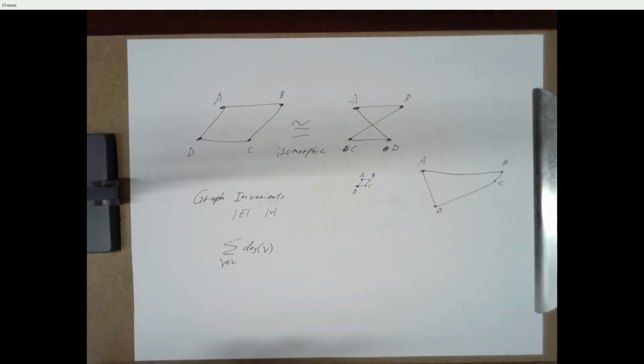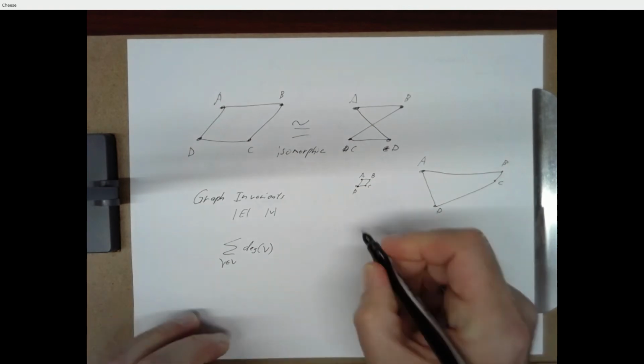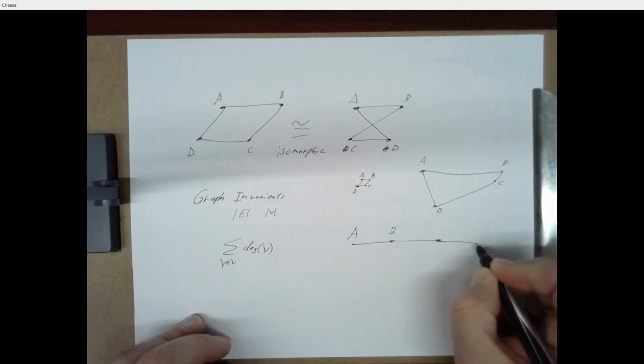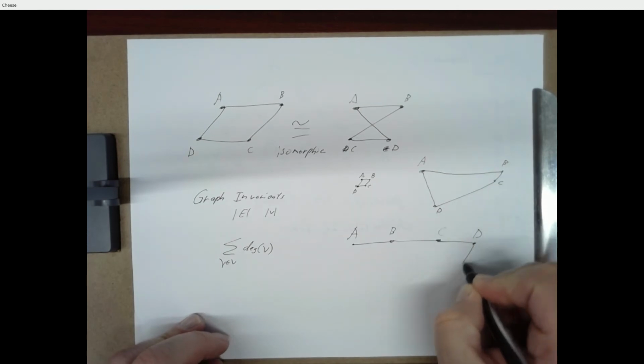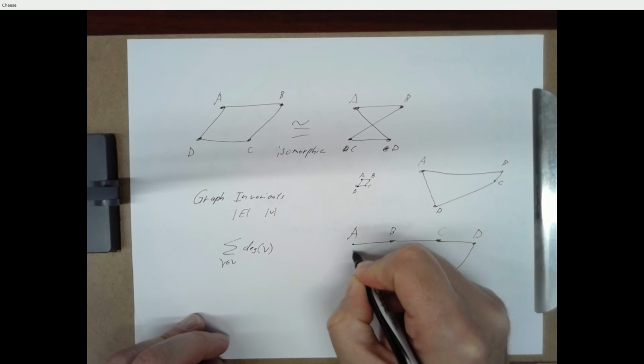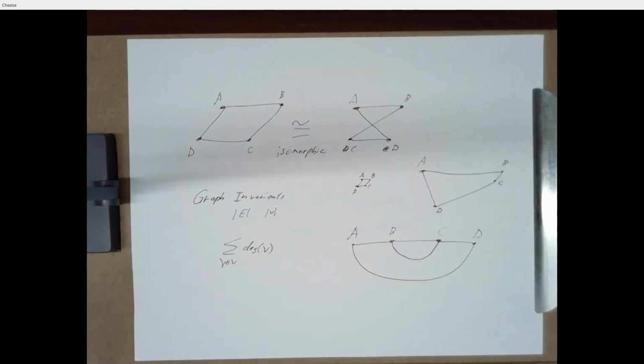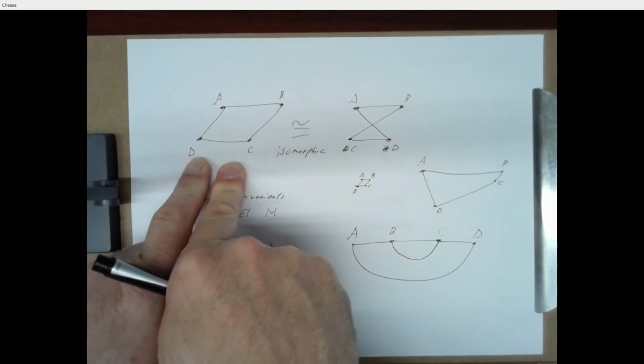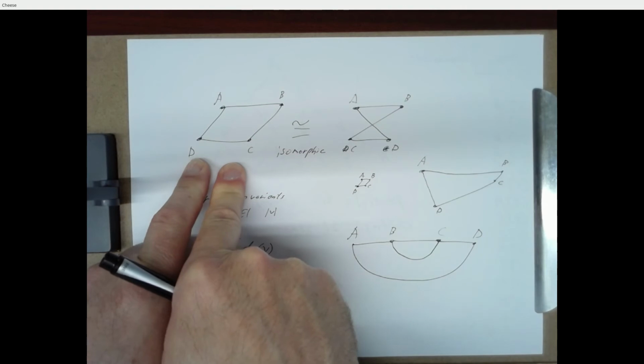For example, I have 4 vertices and they each have degree 2. So in an isomorphic graph, I should have 4 vertices and they should each have degree 2 as well. So if I have a graph like this, I know right away this is not isomorphic, because I have two vertices of degree 3 over here, and I don't have two vertices of degree 3 in this original.